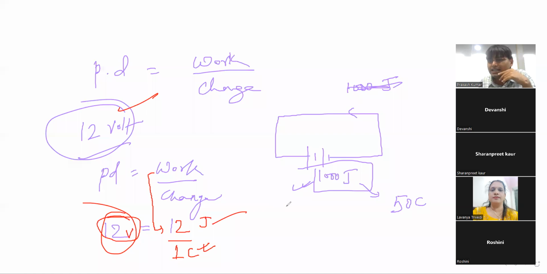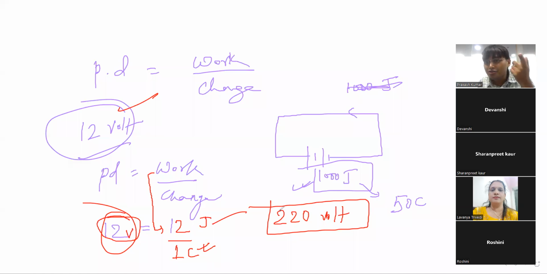Now if I ask you, in our household supply, the standard voltage is 220 volt. This is your exam question also, right? All of you know 220 volt. What exactly does this 220 volt mean at the domestic household? Applying the same thing, potential difference equals work by charge.